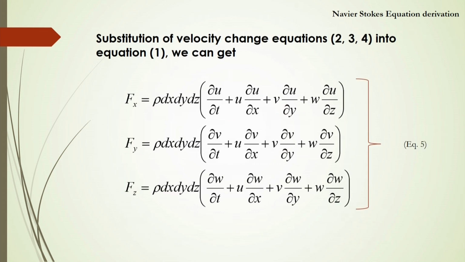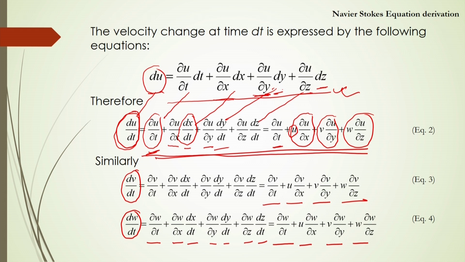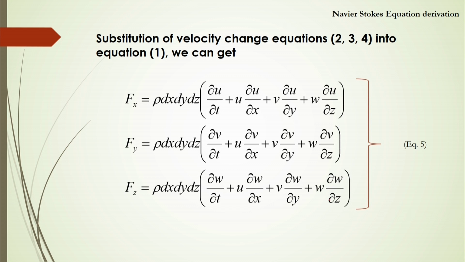Now, after substitution of these acceleration terms du/dt, dv/dt and dw/dt, we can have the force in the x direction as mass into acceleration. We substitute the acceleration terms here, and then Fy will be equal to mass into the acceleration terms from equation number 1.